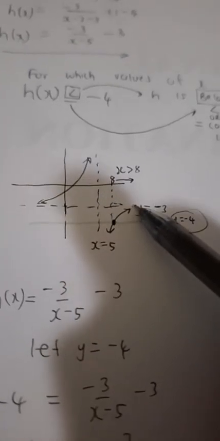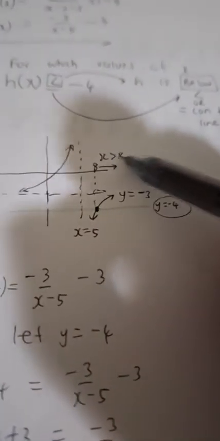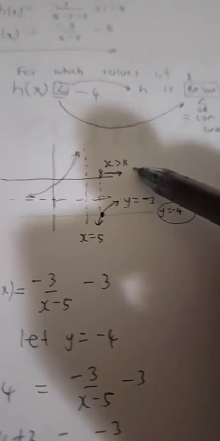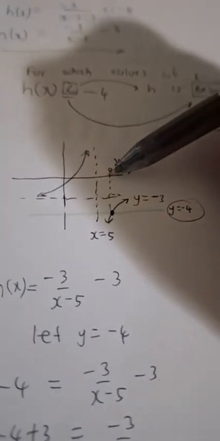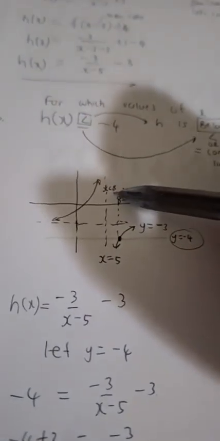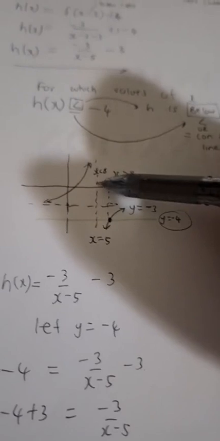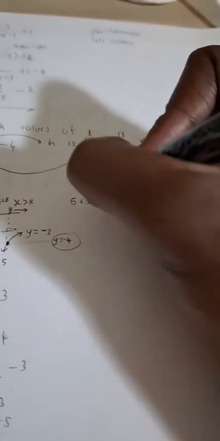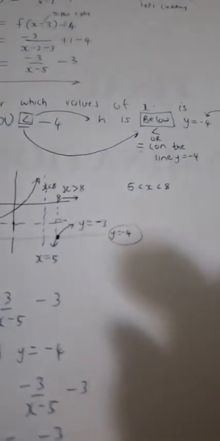So yes, when x is greater than 8, the function of h is actually above the x-axis. So it can't be when x is greater than 8. So we need to look at what's happening on this side. In other words, what's happening when x is less than 8, and specifically less than 8 up until a certain restriction. In other words, between 5 and 8.